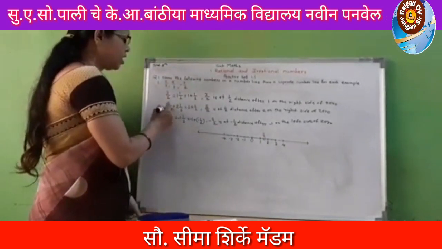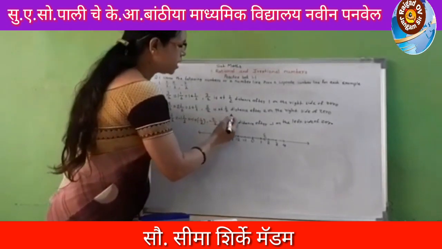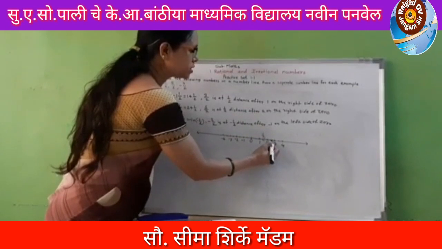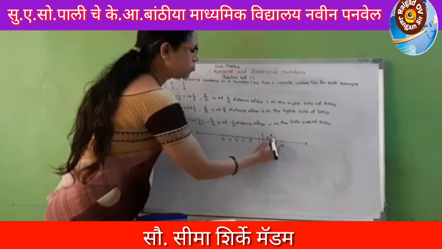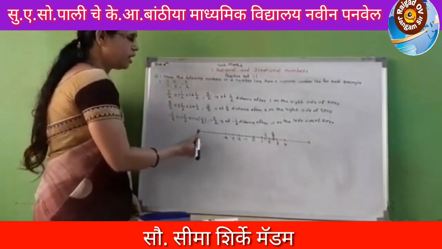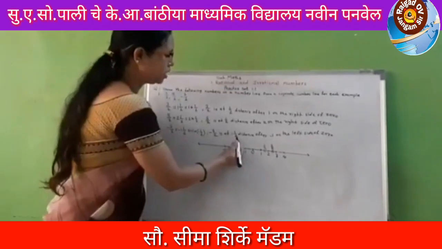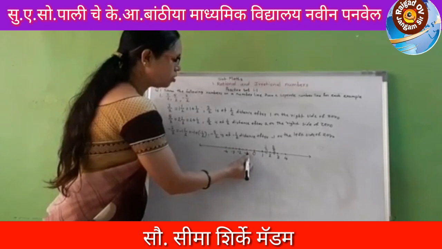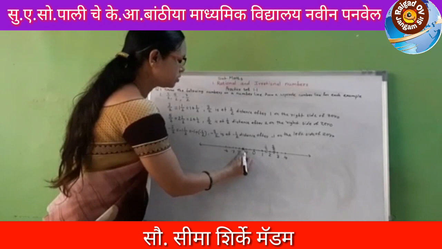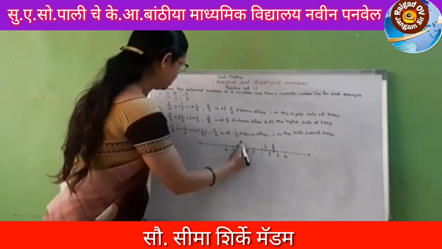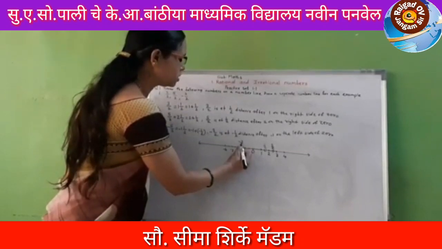Next 5 by 2. 5 by 2 is at half distance after 2 on the right side. 5 by 2 is here. -3 by 2 is at minus half distance after -1 on the left side of 0. After -1 minus half distance, -3 by 2 is here.